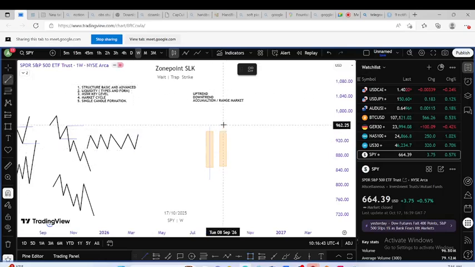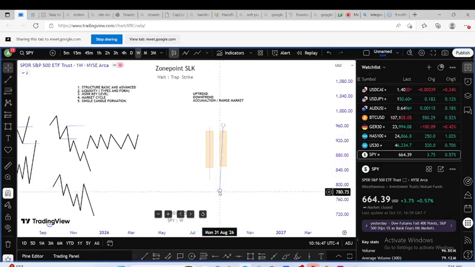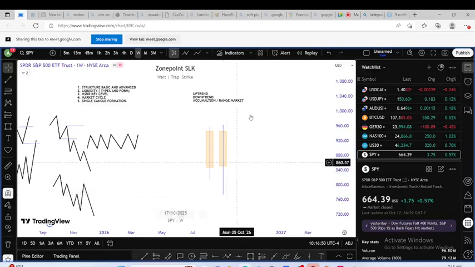and form like this, initially on a monthly range, which is CRT, on the monthly time frame, price has already swept this low here. So on the monthly time frame, it's telling us it's going bullish.